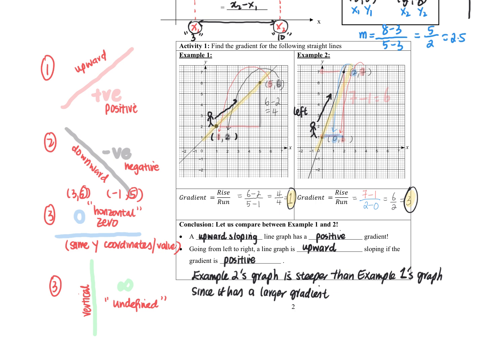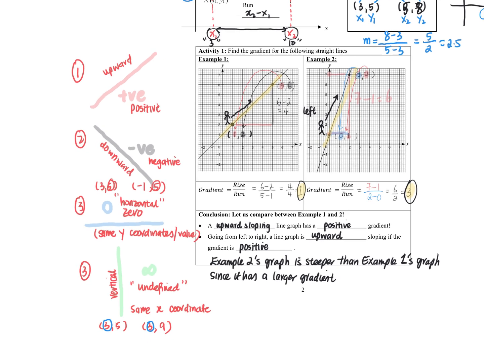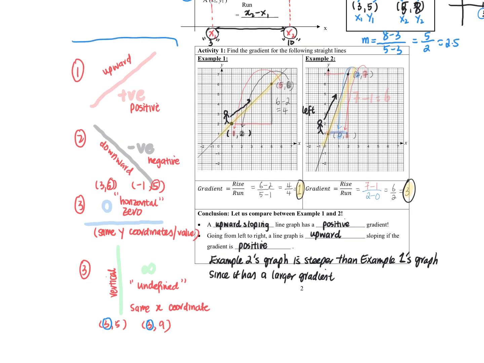When will you have an undefined gradient? Where the x coordinate is the same. For example, you have 2 points: one is (3, 5), the other one is (3, 9). The x coordinate is the same, then your gradient is undefined. These are the 4 types.